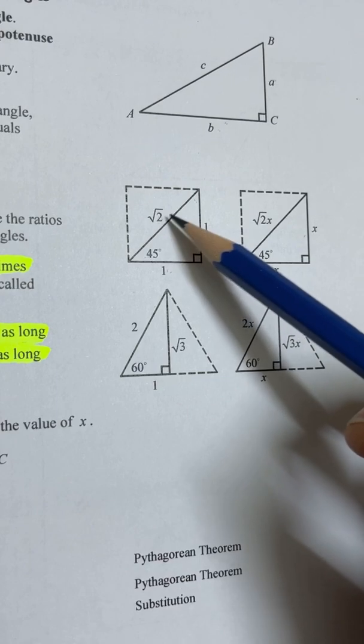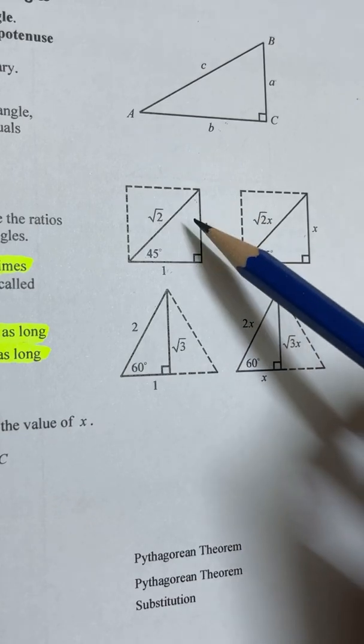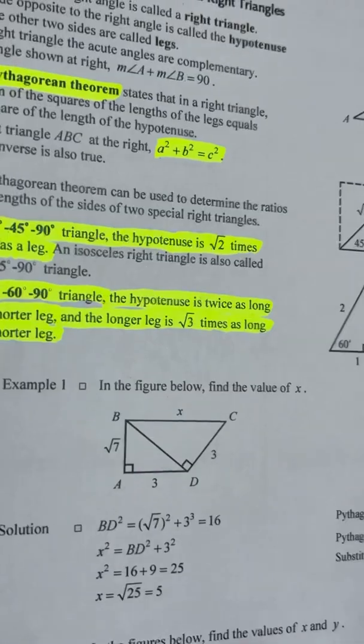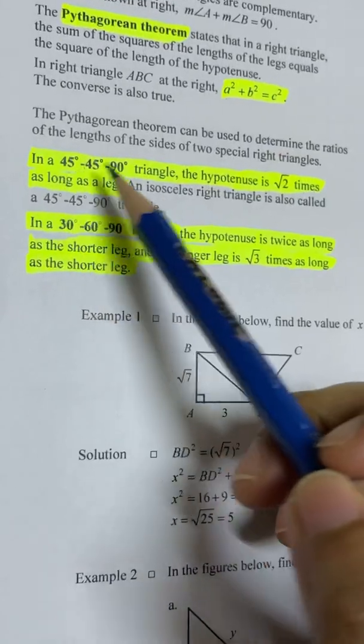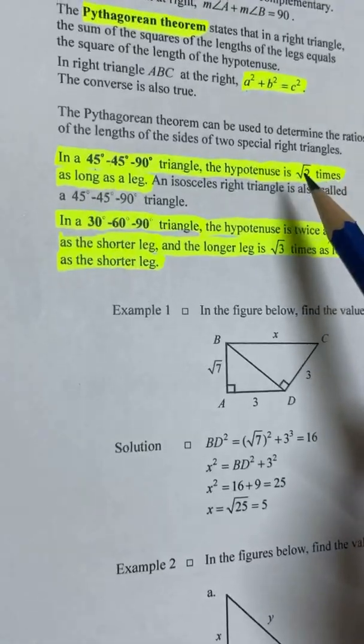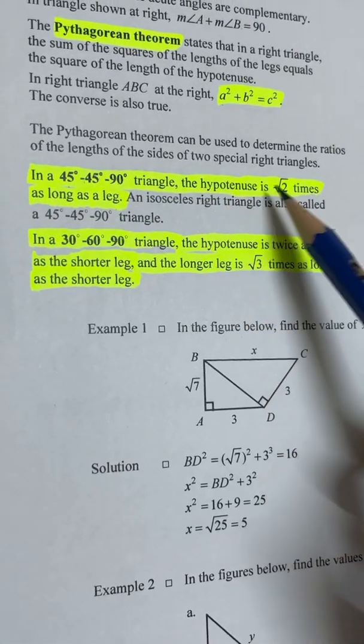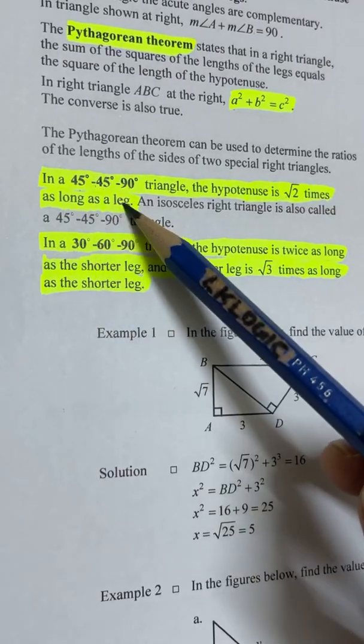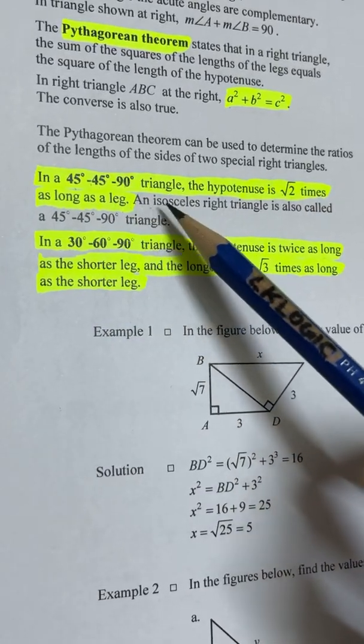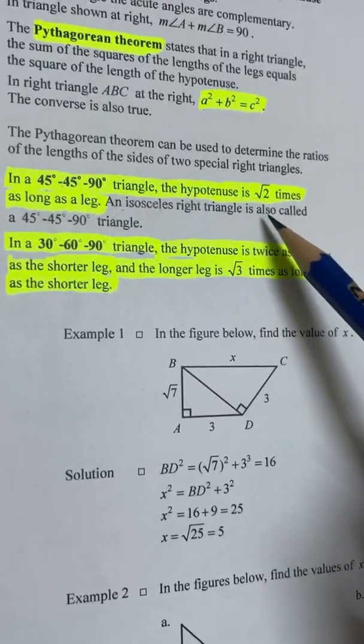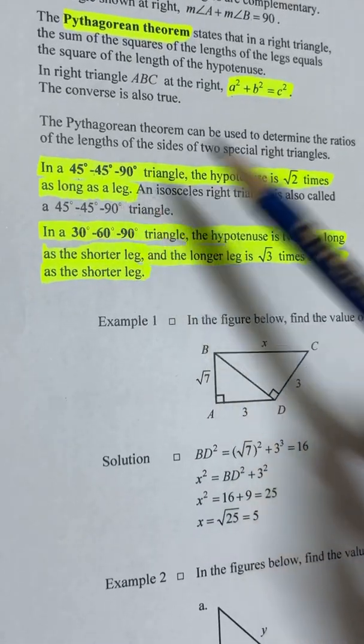That's it. Root 2 times your leg will give you the hypotenuse. Simple. So this is one kind of special right triangle. You just have to remember the hypotenuse is root 2 times as long as the leg. And it is also called an isosceles right triangle.